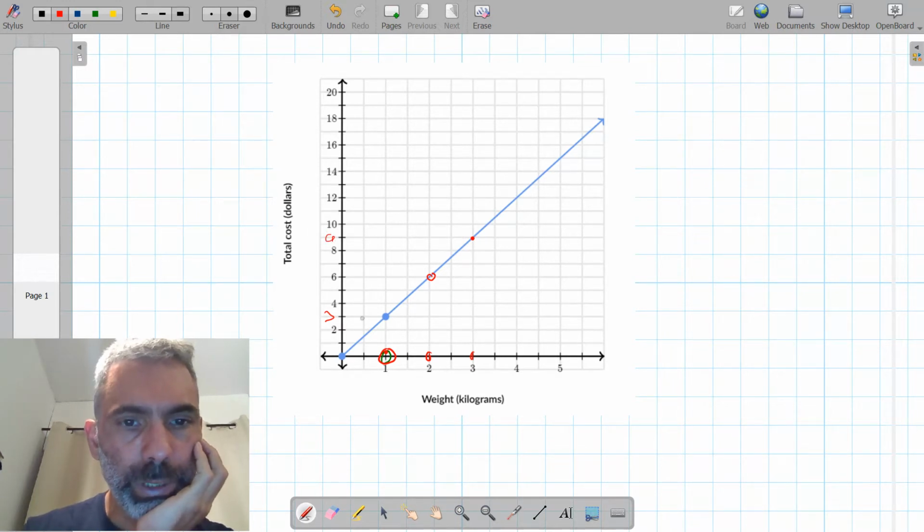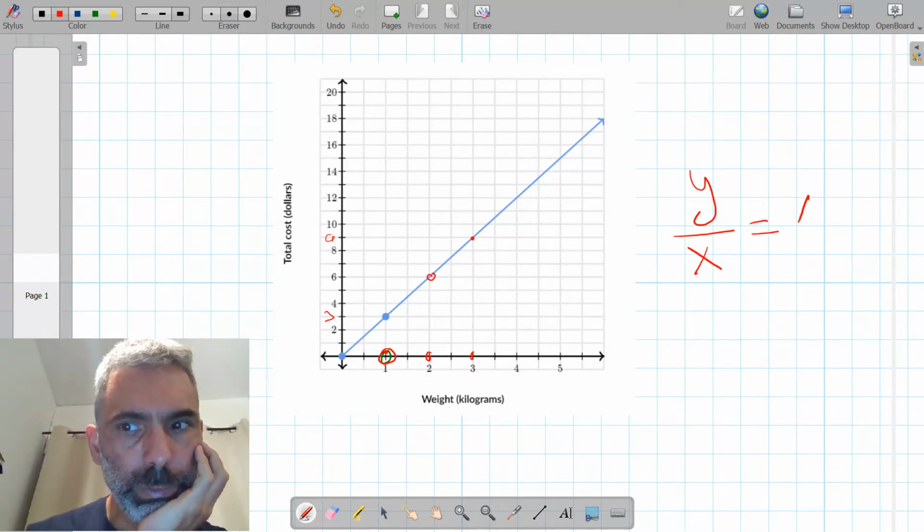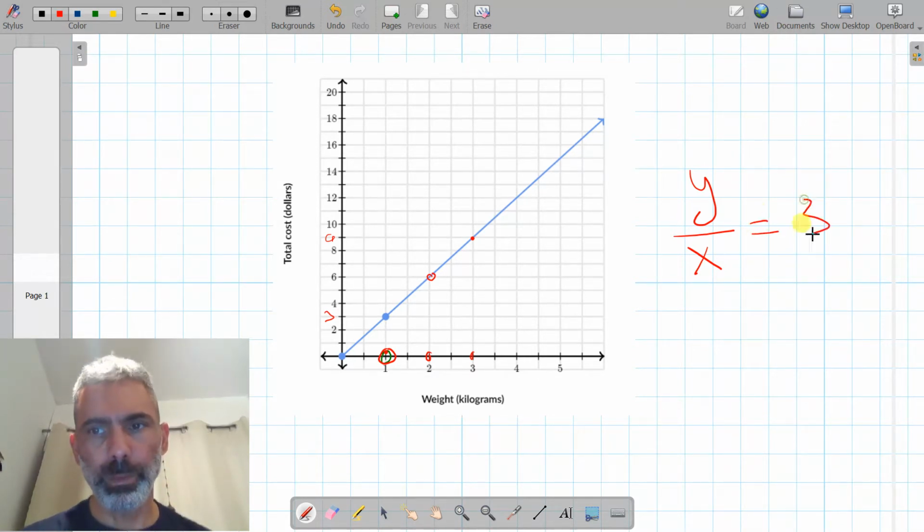So the price per kilogram is y divided by x, which is 3. Okay.